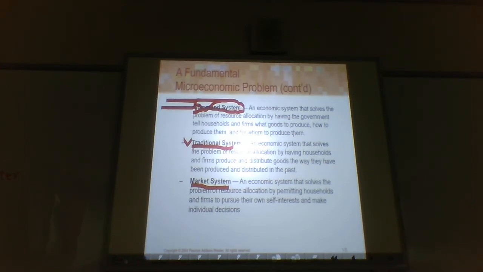Anyway, for the command system, there's just too much interference, and the traditional system is by tradition, and now we seldom see them in modern society. Mostly, the system works by market.